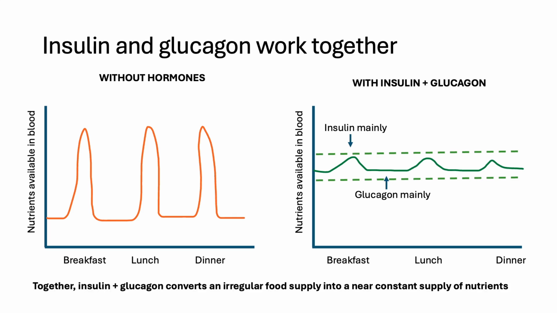So together, insulin and glucagon convert an irregular food supply into a near constant supply of nutrients, which is a very, very clever system. So insulin acts on the fed state, glucagon acts on the fasting state, and together these work to keep a near constant supply of nutrients. Whew, that's a lot.